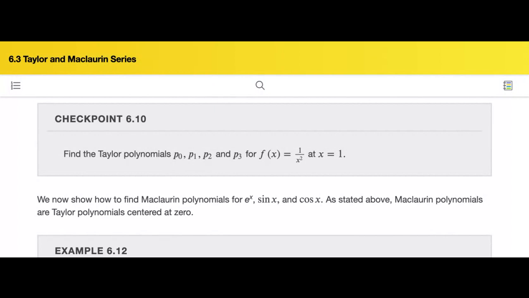And P3 is P2 plus f triple prime of 1, which is negative 24, divided by 3 factorial, which is 6, times x minus 1 raised to 3, which is negative 4.